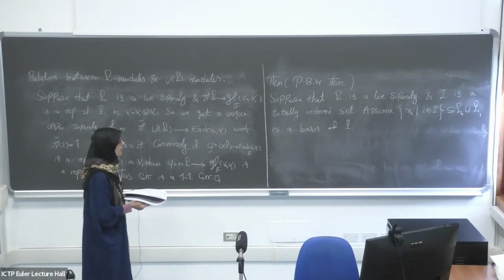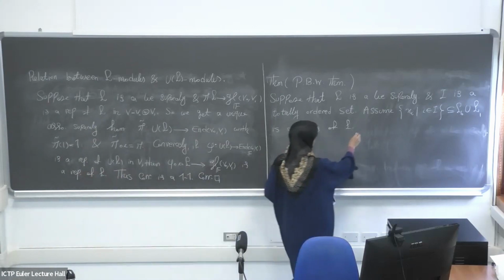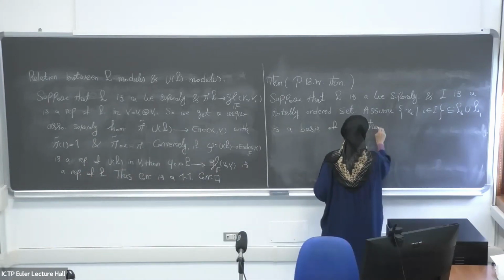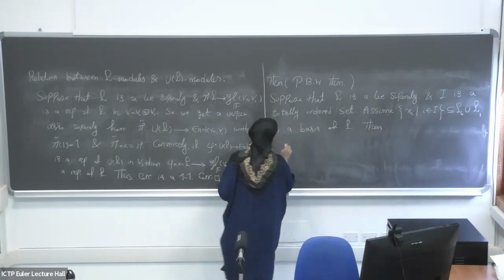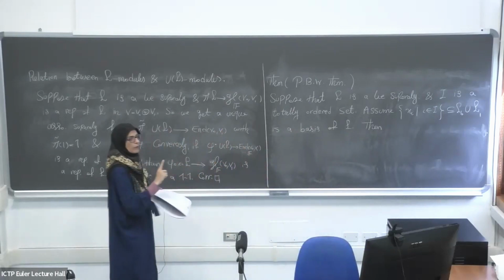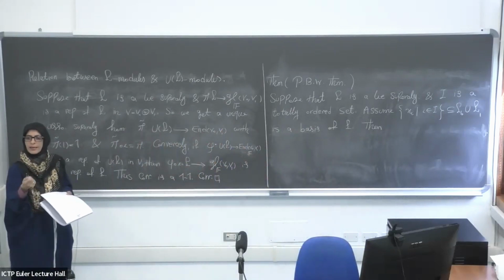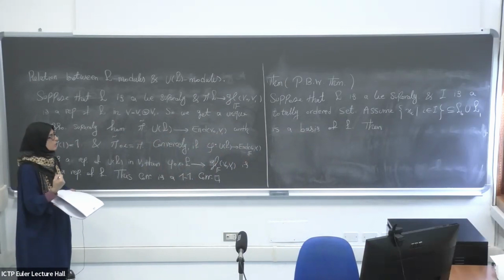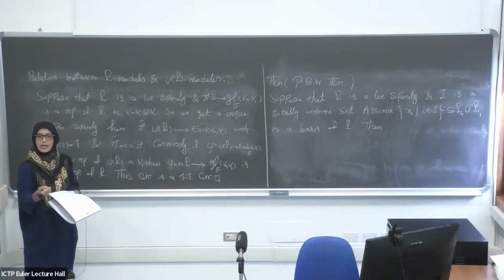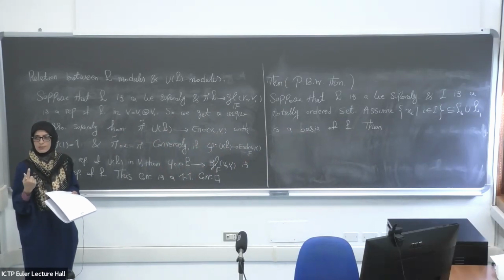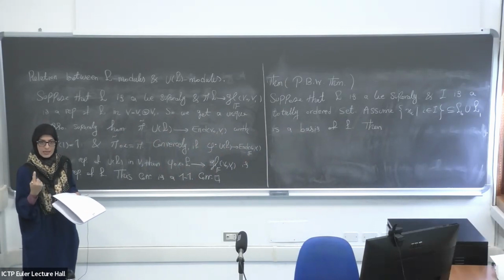Okay, then in this theorem we want to say how we can get a basis for UL using a basis for L, as a vector space.